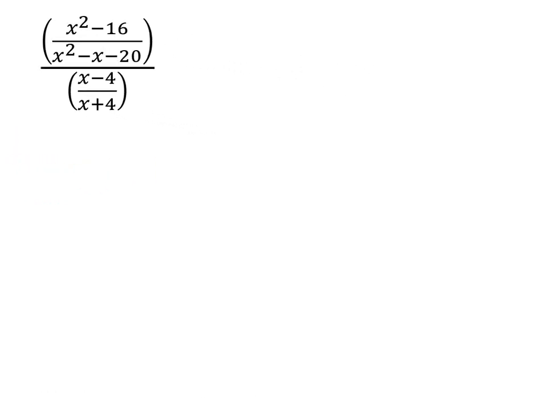This operation taking place here, and if you were in the class where we did this example, skip on to the next problem. But this operation here is clearly not multiplication, that is division. When we divide, we can do something called keep, change, flip, which means to keep this fraction the same, change this sign to multiplication, and then flip this fraction.